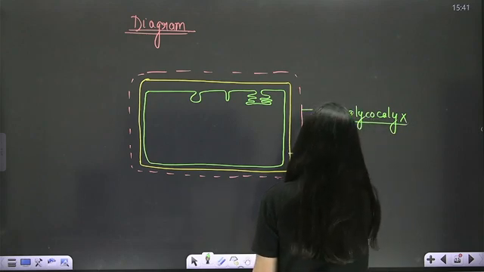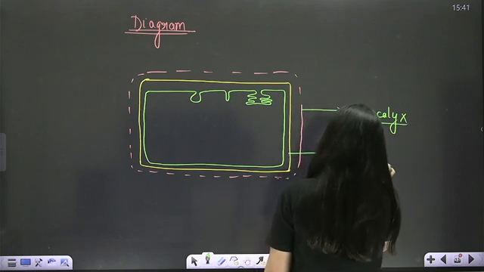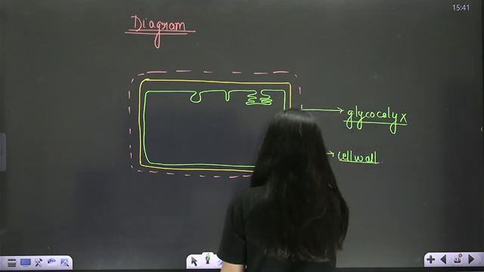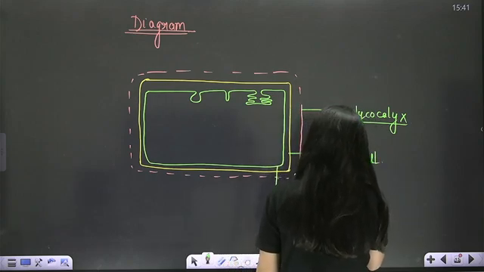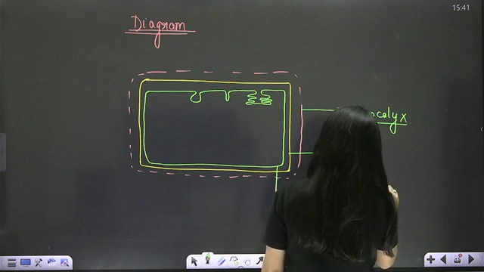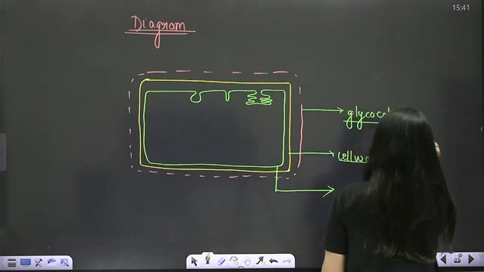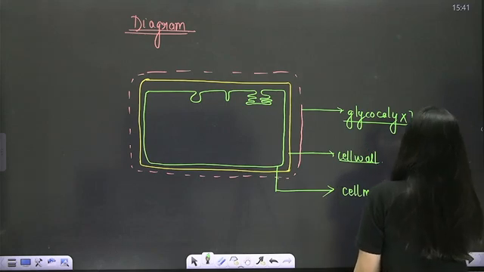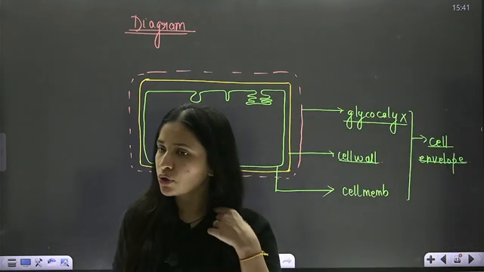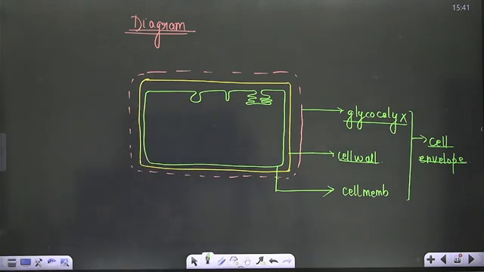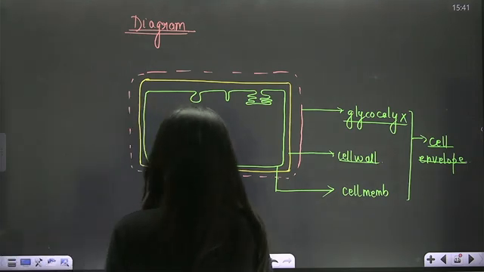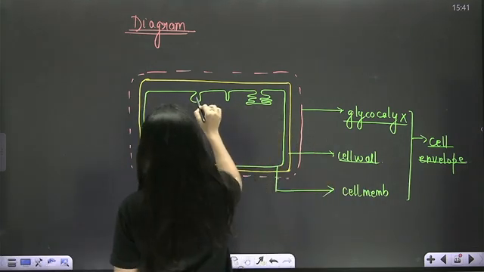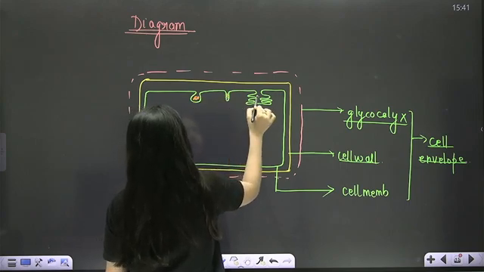This is the cell wall, and here goes your innermost layer, the cell membrane. All these three together provide protection and are commonly called the cell envelope. Right? Yes or no? Have you all understood so far? Chalo. Very good. Now, this infolding consists of respiratory enzymes.